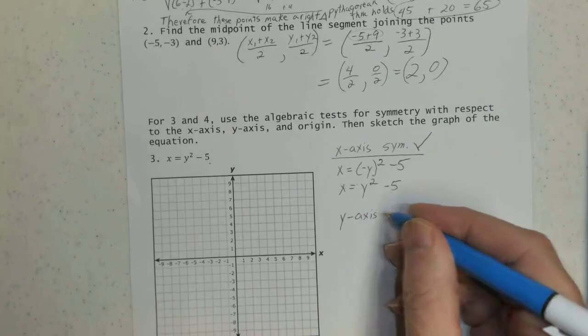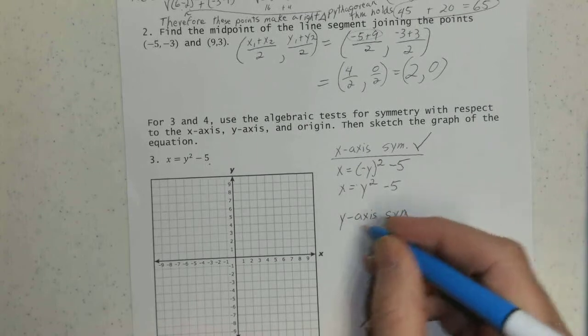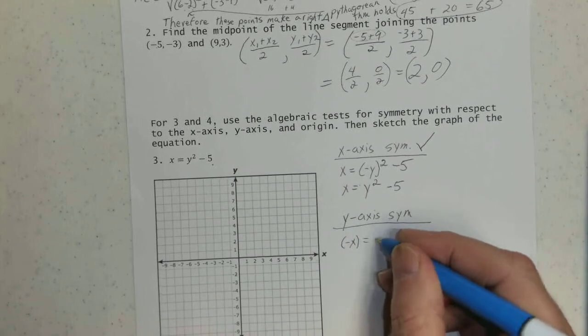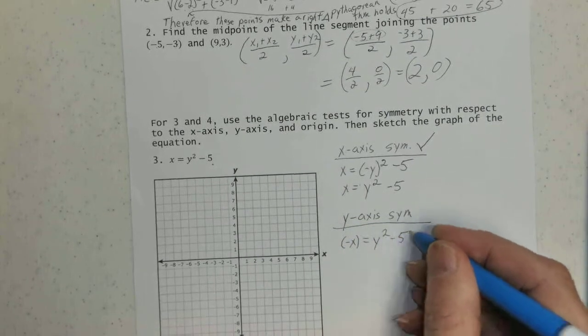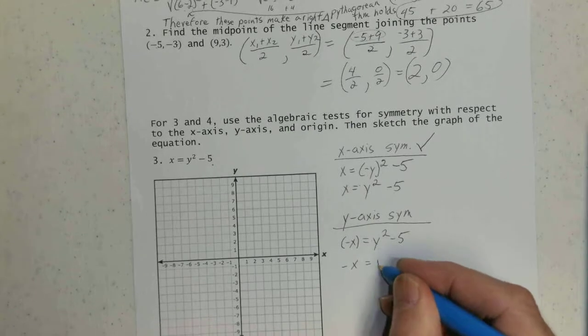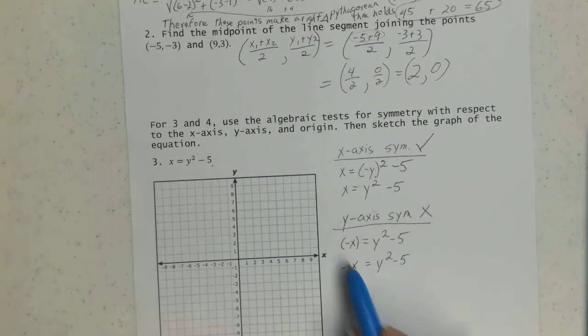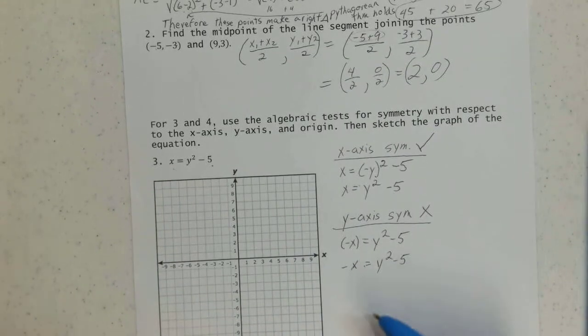When you get this, I do want you to test all 3. Y-axis symmetry. I'm going to put negative x in and have y squared minus 5. Now this is negative x equals y squared minus 5. That does not check out. It doesn't simplify to be the same equation.